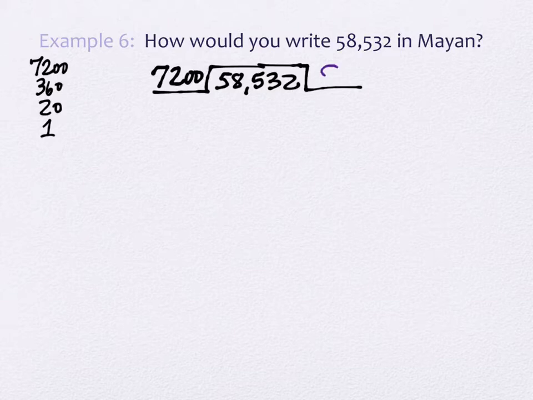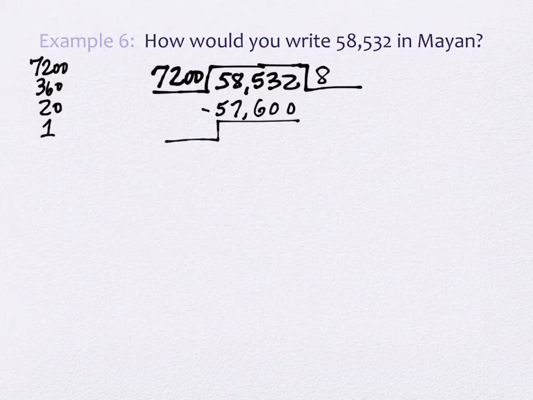Yeah, it's 8. And then we need to do 8 times that 7,200. So what is 8 times 7,200? 57,600. Very good. And then we subtract and we continue. So what is our subtracted value giving us?